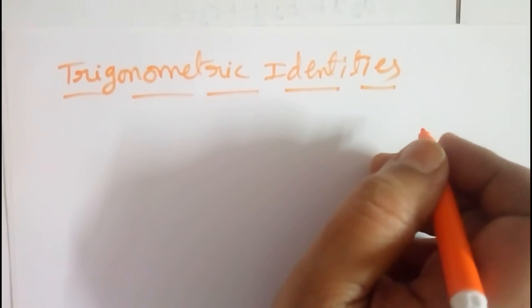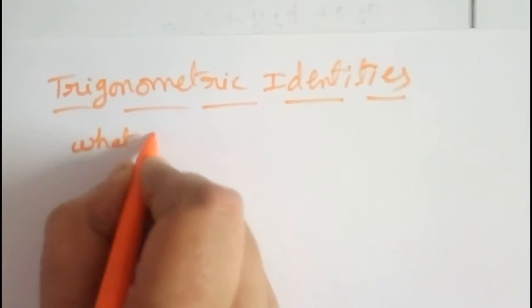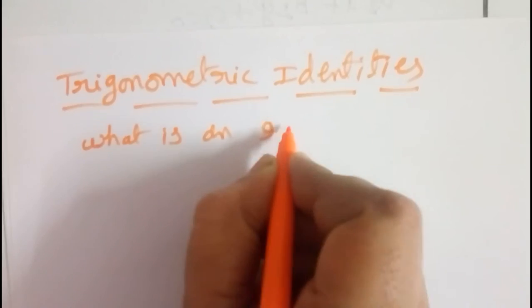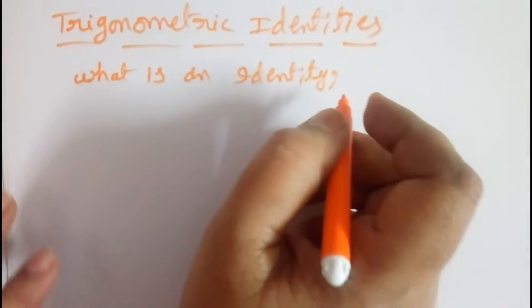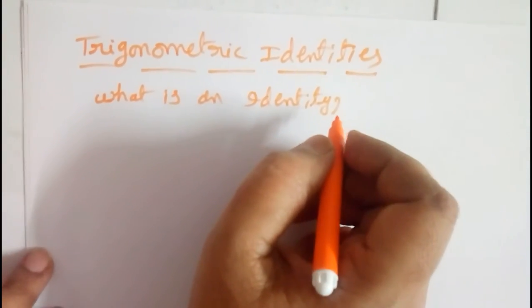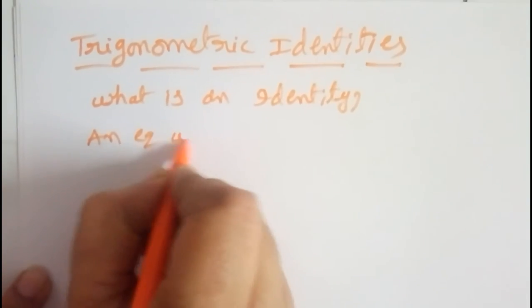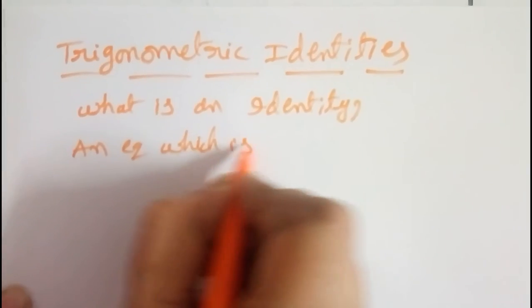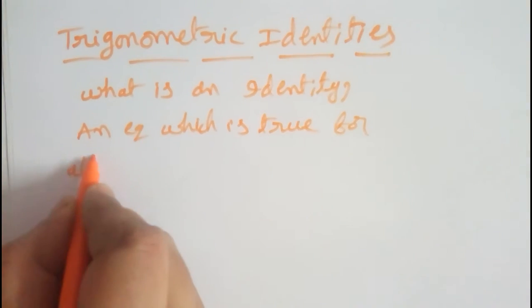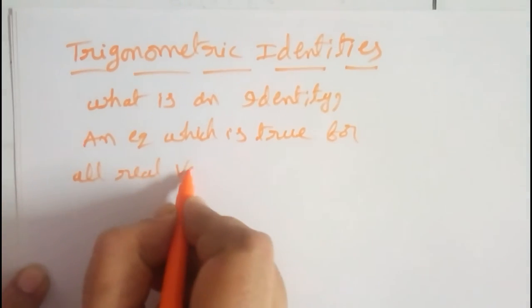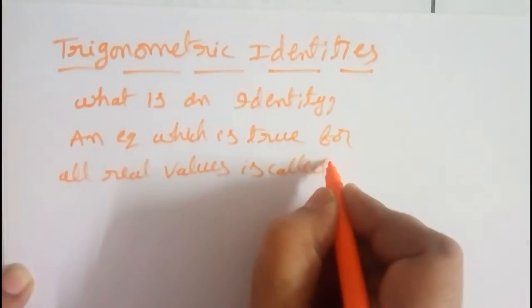Can you tell me, what is an identity? An equation which is true for all real values is called an identity.